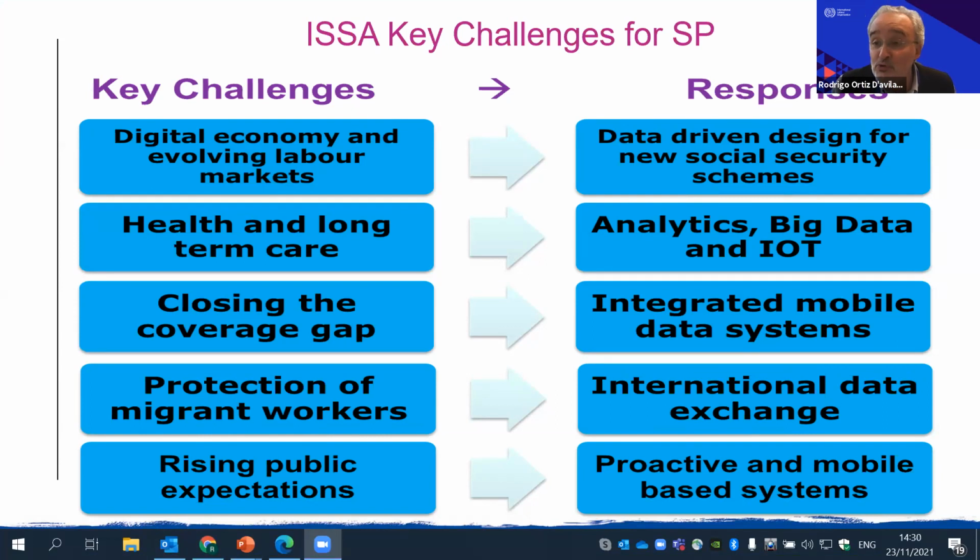The International Social Security Association had listed 10 challenges, 5 of which are here: the digital economy and evolving labor markets, health and long-term care, closing the coverage gap, protection of migrant workers, rising public expectations, and they had already listed digital transformation responses for these challenges. So they were talking about data-driven design for new social security schemes. They were talking about the use of analytics, big data, and IoT, Internet of Things, for health and long-term care.